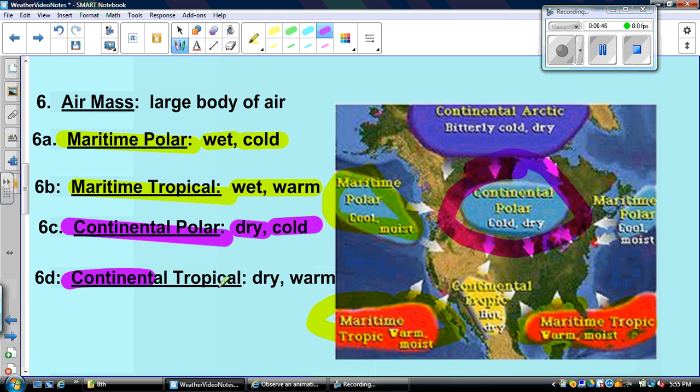Then you have your continental tropical, which is dry and warm air masses. And those are right here in the south. So air masses, based on the type of air that they contain, can cause different types of weather. Maritime polar, wet and cold, meets a dry and cold, different things can happen.